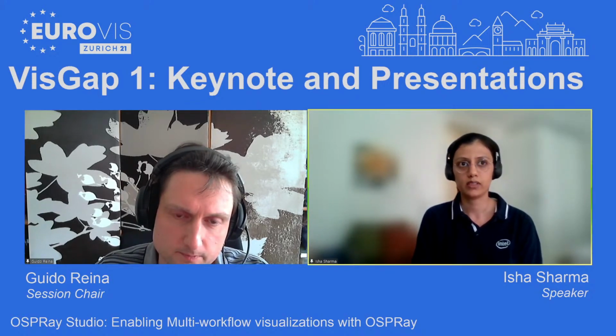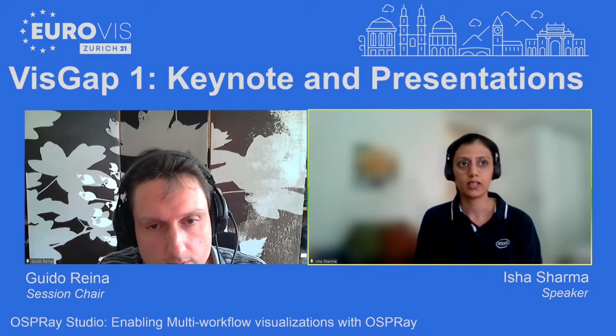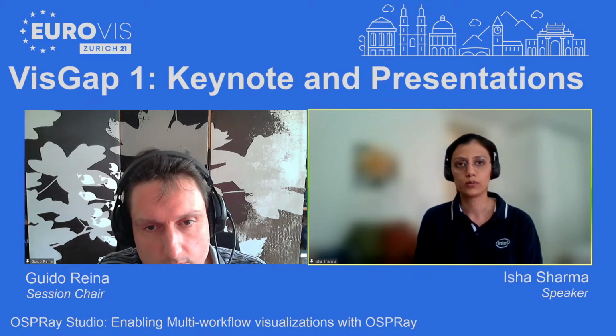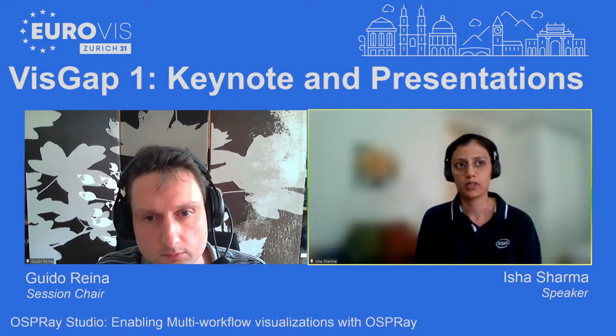I mean, OSPRay is a library and it does not come with an application front end. So if you want to load an asset into OSPRay, you might have to write a quick application for doing so. But OSPRay Studio already comes with the file loaders and the OSPRay backend, and the whole purpose is to present the OSPRay rendering engine to users for quickly loading assets other than just what OSPRay provides, like the sample tutorials in the example app.